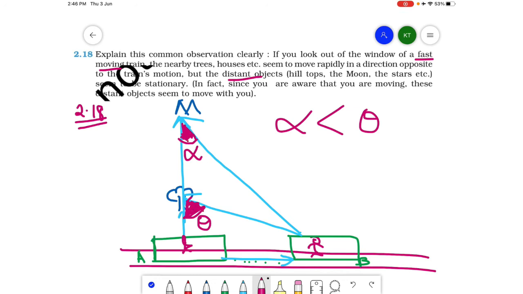That is, the theta value is large compared to far away objects. It's changing at a large value. So we notice that the objects nearby to us seem to move in the opposite direction, while the ones with small angular change seem to be stationary or even moving along with us. This has to do with the angle that you observed.